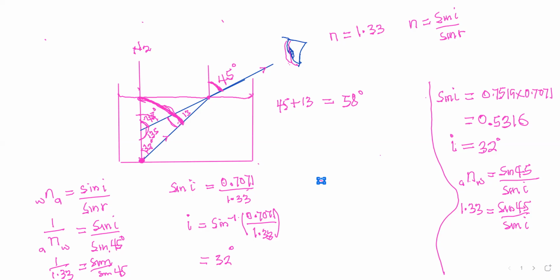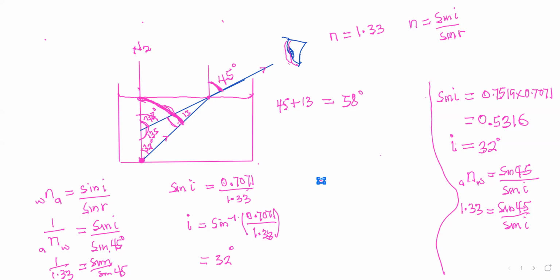Please, would it be easier to use Snell's law, the second one, where n2 sine theta is equal to n1 sine theta? So you get 1 sine 45 is equal to 1.33 sine theta. Then you make theta the subject, then you get the 32 degrees. Frank, come again.